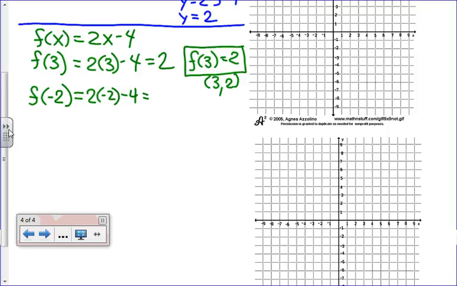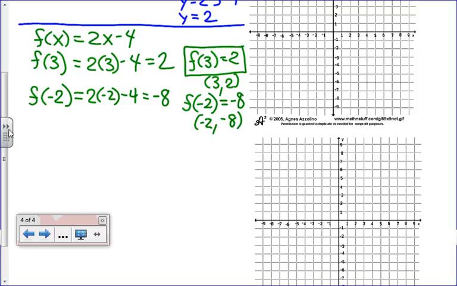Careful here. So here's how we phrase it: f of negative 2 is equal to negative 8. All you're doing is evaluating. You're not solving for f or trying to get it by itself. You're saying when the x value is negative 2, your y value is negative 8.